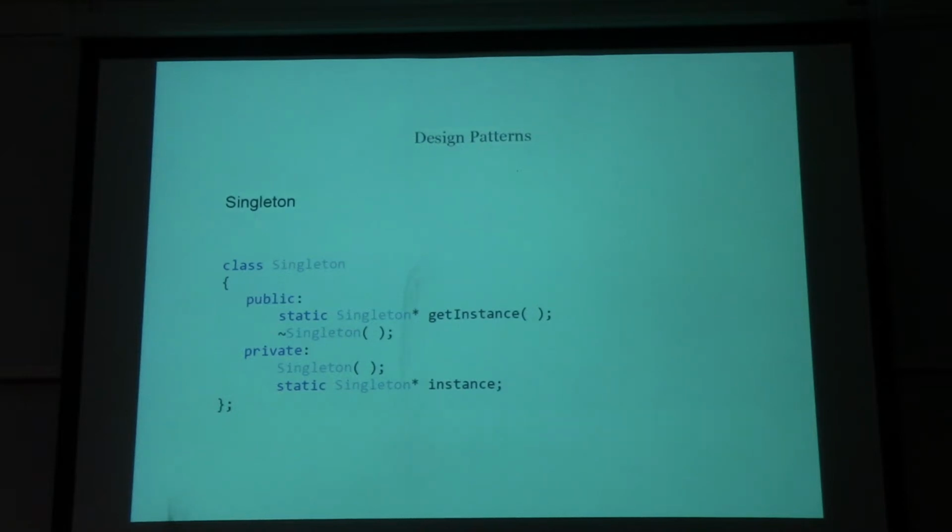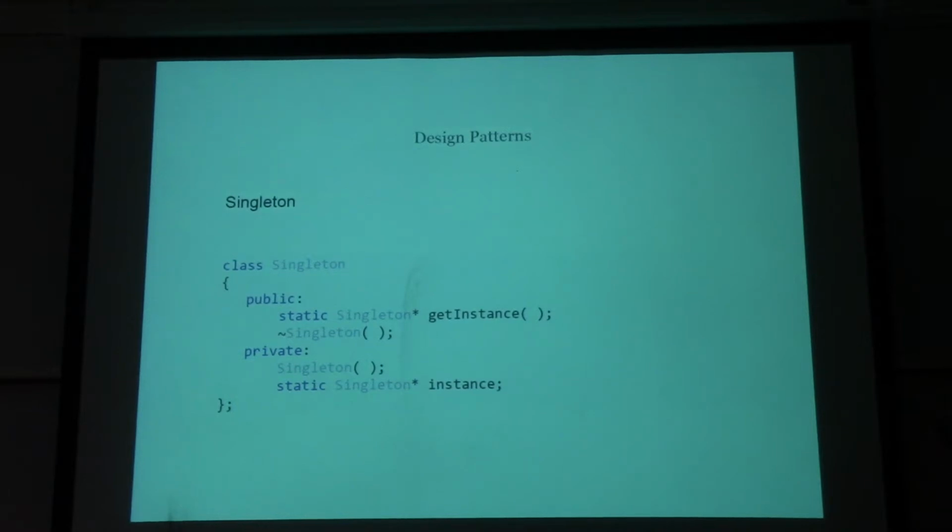On the very first call to getInstance, there will be a first call, second call, third call, fourth call. When the call is first made, what do we want to do? We don't have an instance. So we're going to check.